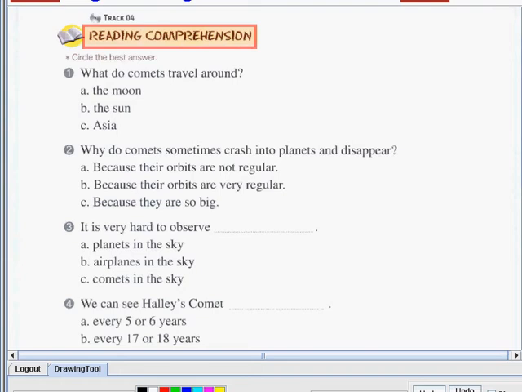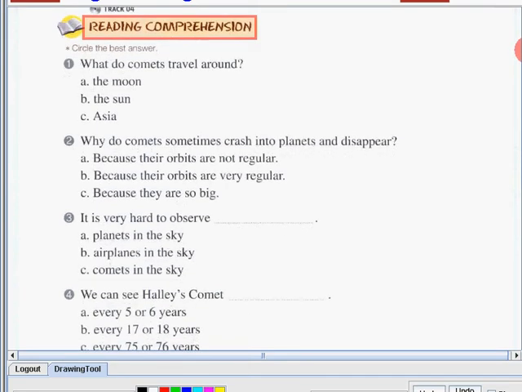Okay? In this part, I'm going to read the question and also the choices, and then I will give you some time to think about the correct answer. Okay, so let's start to number 1.